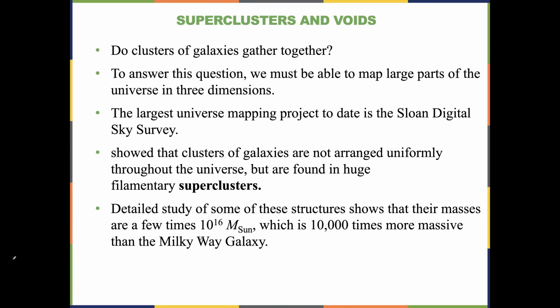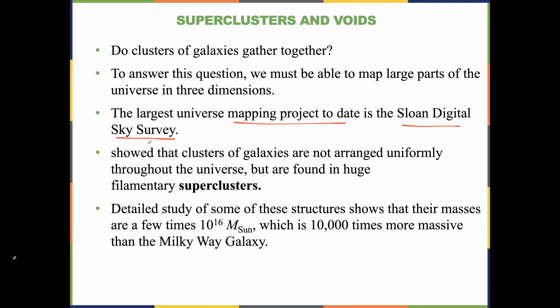As I mentioned earlier, the largest universe mapping project to date is the Sloan Digital Sky Survey. They map most of the sky, so that at the end, once you have all the data, you can plot it in a map and see how these galaxies and galaxy clusters are distributed in the universe, right?